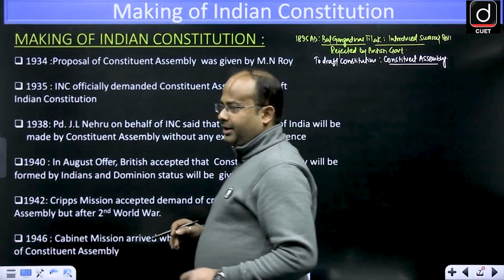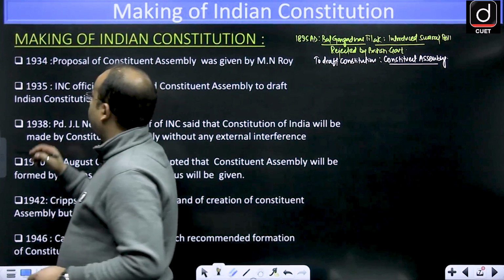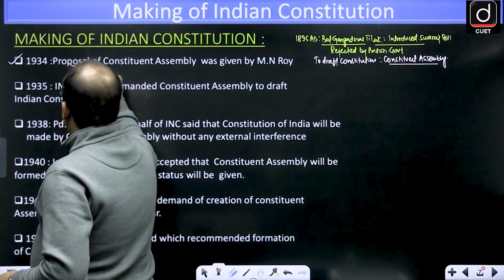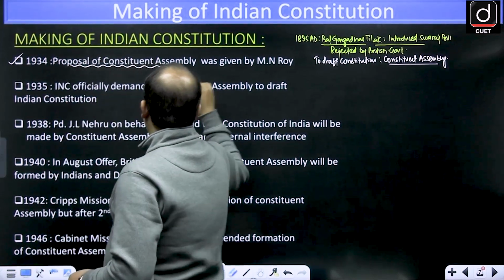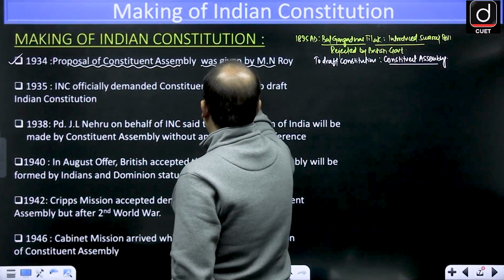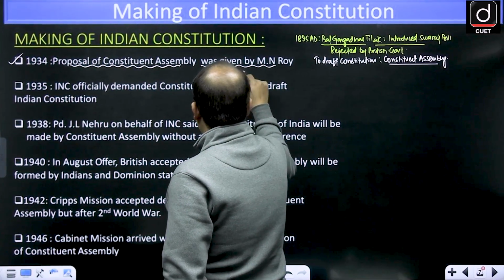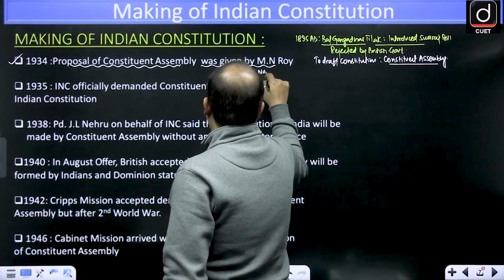So in 1934, guys, the proposal of a constituent assembly was given by M.N. Roy, Manvendra Nath Roy.